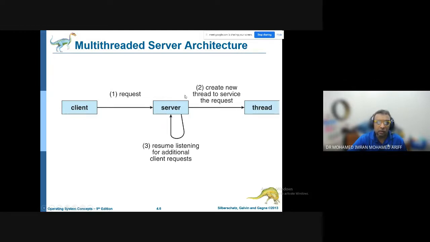The client will create a new thread to service the request, because you have to remember each process run by the operating system is considered to be a service. And what kind of service is this? The service that we are talking about in this particular slide is to open a particular program. So how many services are there available in an operating system?